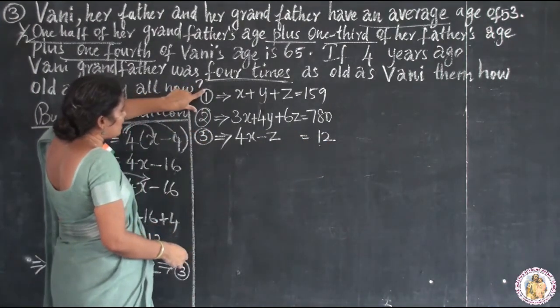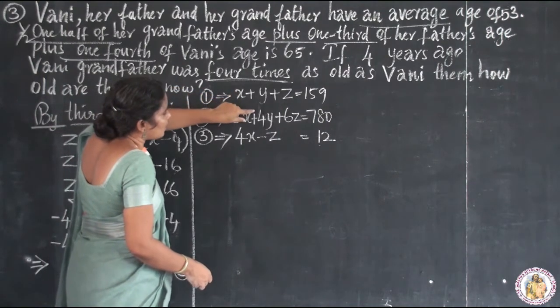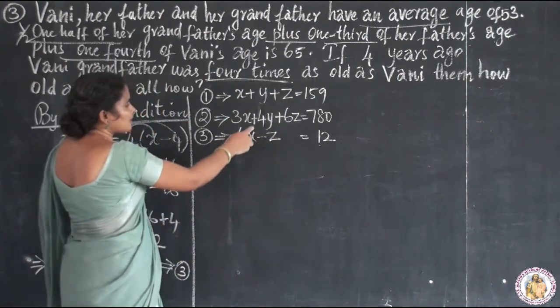Now first we will take the first and second equations so that we can cancel either x, y or z. I am going to cancel y.